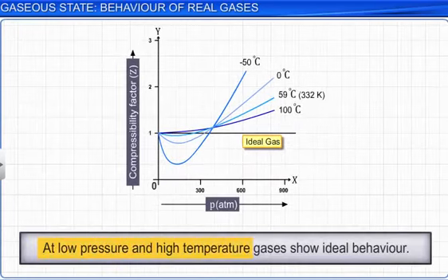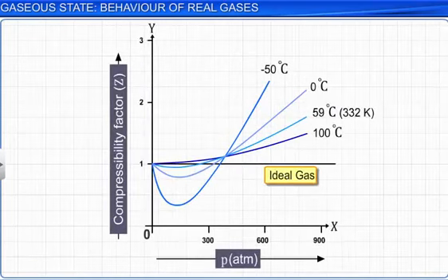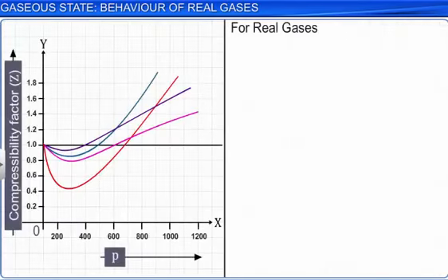Let us see another significance of the compressibility factor. We know that the compressibility factor for a gas is calculated as Z is equal to P V real divided by nRT.